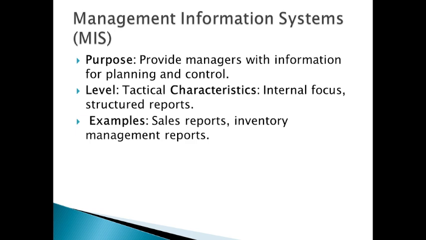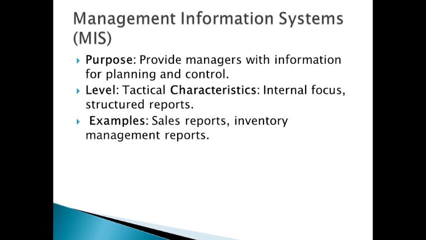At the organizational level, the MIS is found at the tactical level, that is middle management. The key characteristics include internal focus, structured information, regular reports, and support for routine decision making.